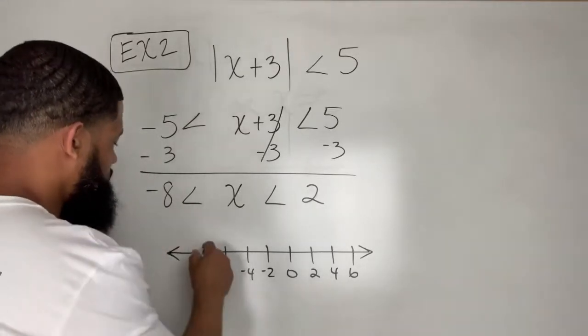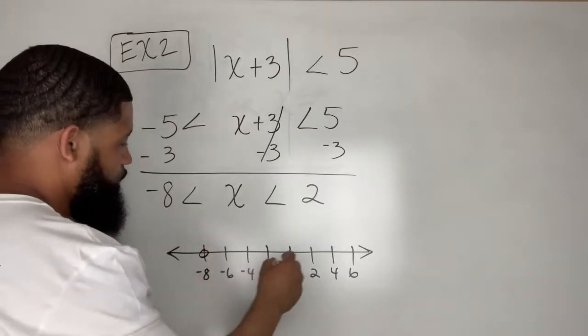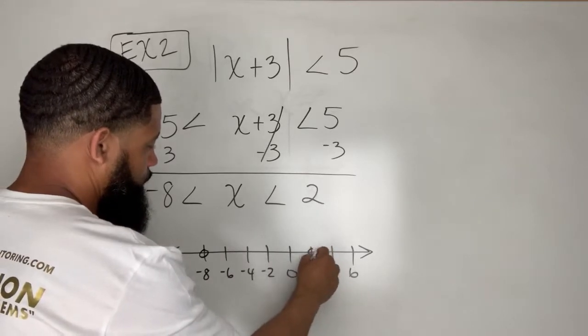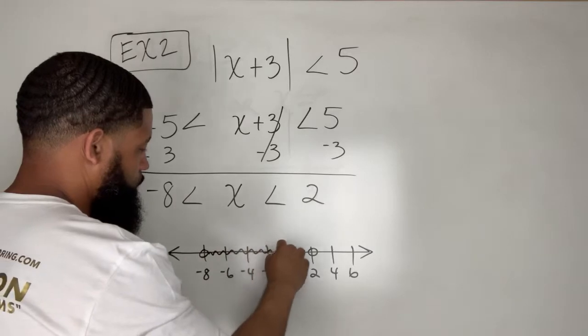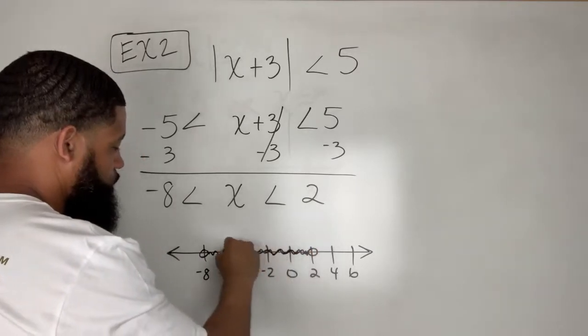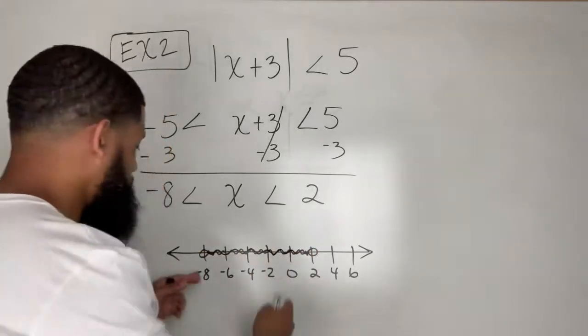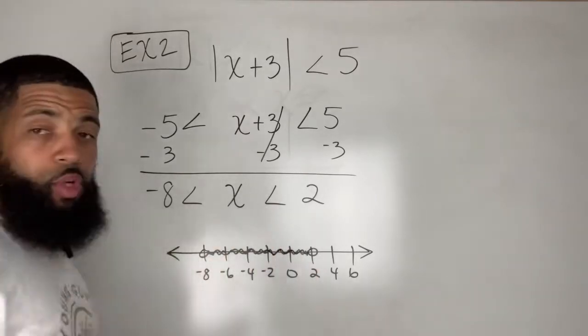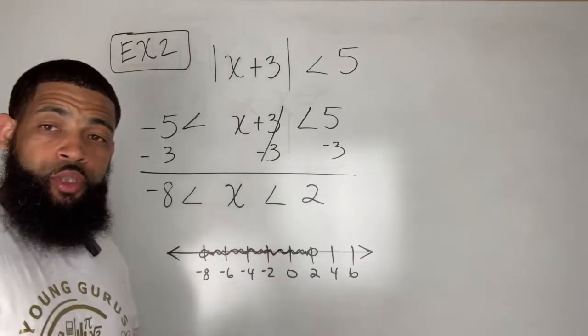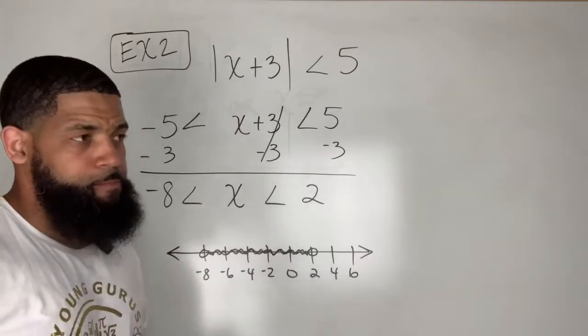Now, open circle for -8 and +2, and x is between those, so we want to shade on the inside of that. Notice I have the open circle on the -8 and the +2 because it's less than on both of those. So this is another example.